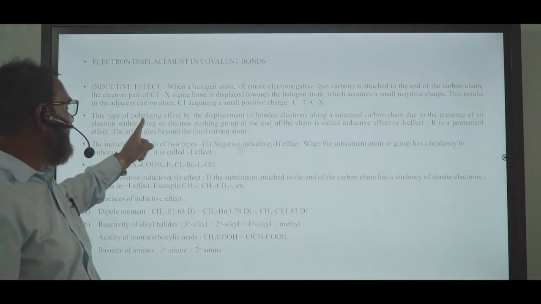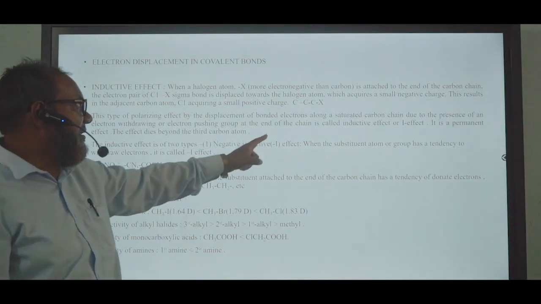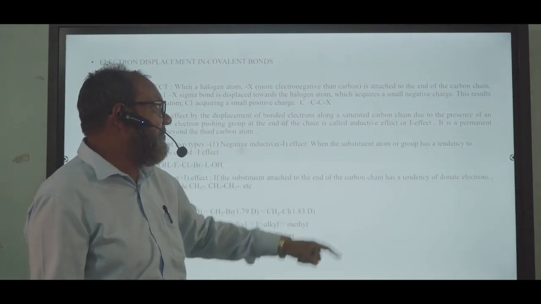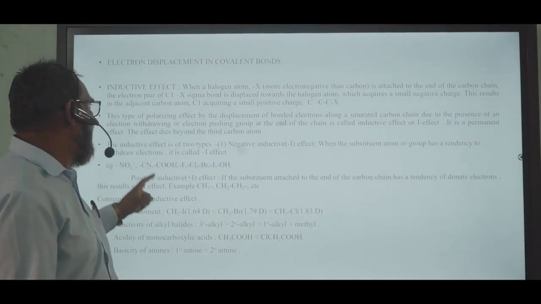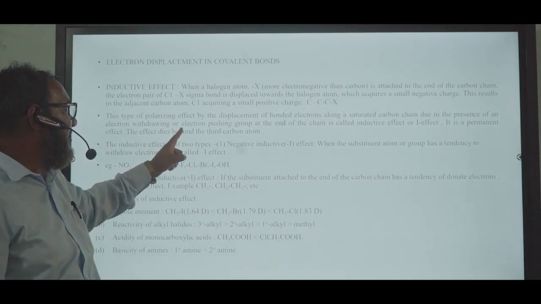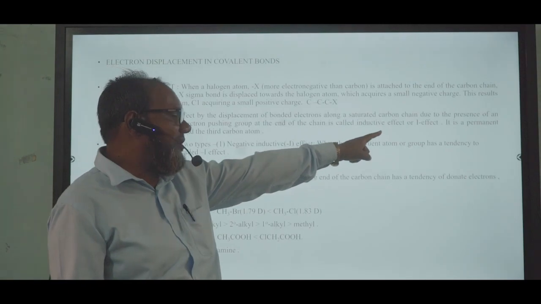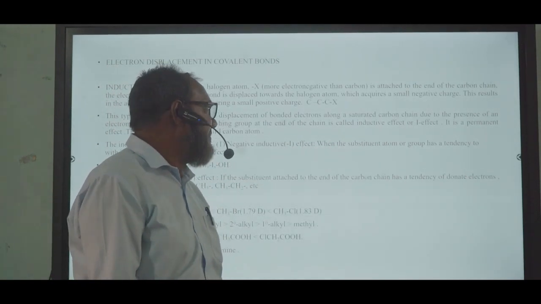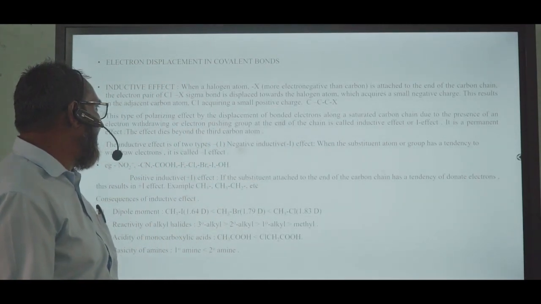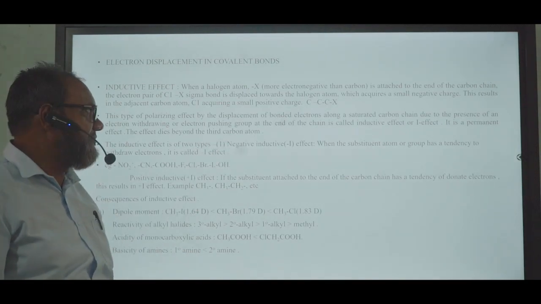Thus, this polarizing effect by the displacement of bonded electrons along a saturated carbon chain due to presence of an electron withdrawing or electron pushing group at the end of the chain is called inductive effect or I effect. It is a permanent effect, and this effect dies beyond the third carbon atom.